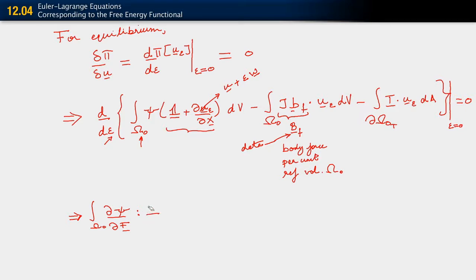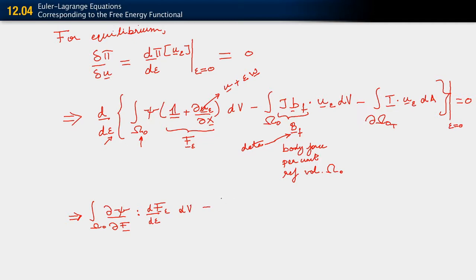It's not a partial derivative here, it's a full derivative. And this quantity that I put a brace on is F sub epsilon. That's what we get for the first integral.